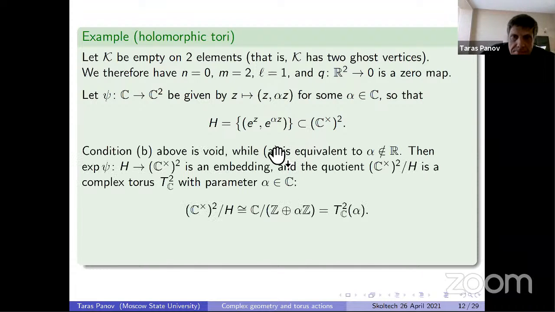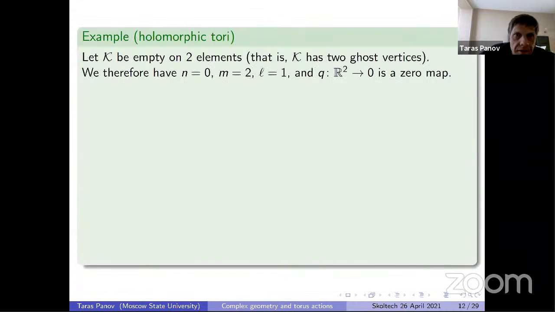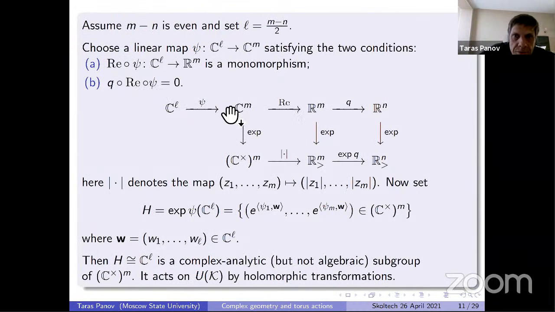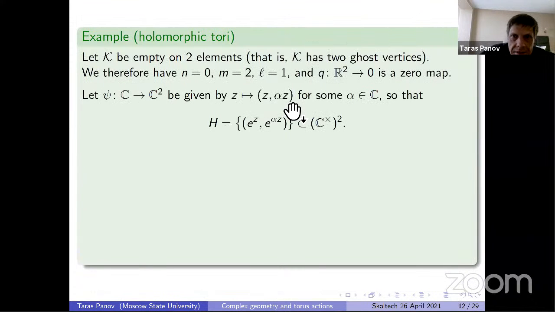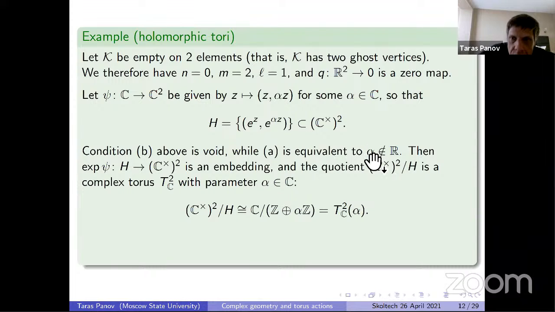And if you think about this first condition, that the composite with the real part is a monomorphism, then you see that it's equivalent to the condition that alpha is not a real number. And under this condition, you actually get an embedding.